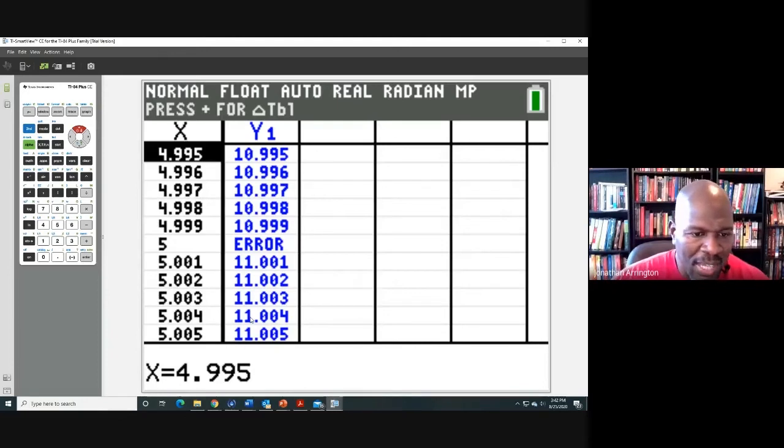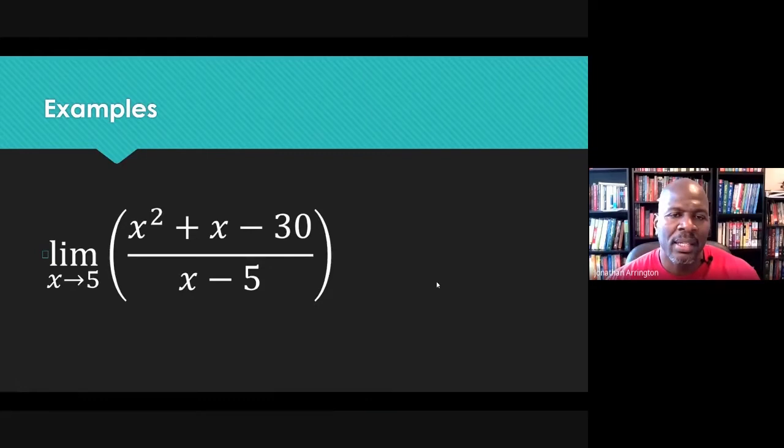So I think it's obvious, at least to me it is, that as x approaches 5 from the right, it equals 11. And remember, as x approached 5 from the left, it equaled 11. So what that means is the limit is 11. So the limit of this guy was 11.